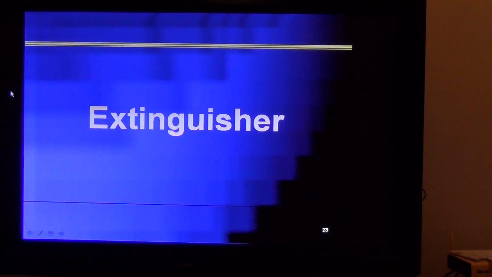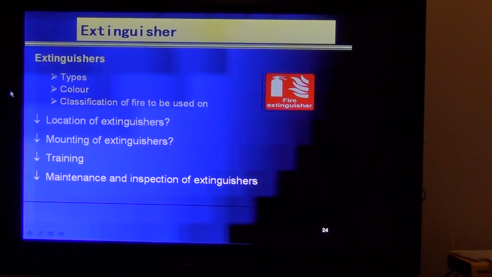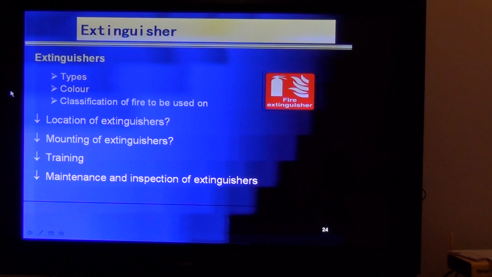And now we will talk about extinguishers. For the extinguishers, we will deal with the type, the color, and the classifications of fire they are to be used on.